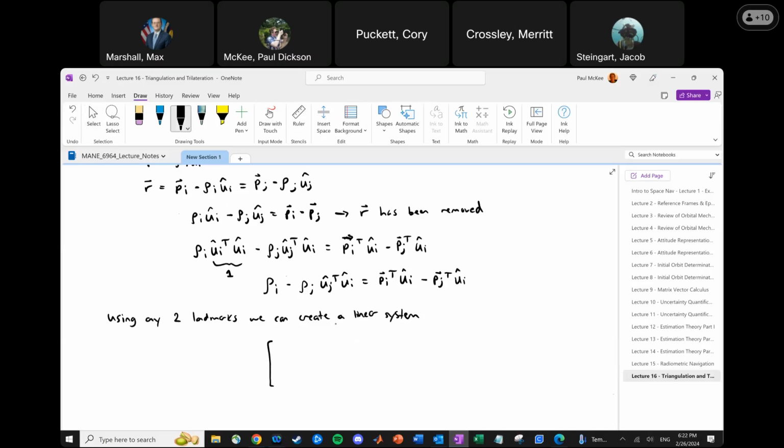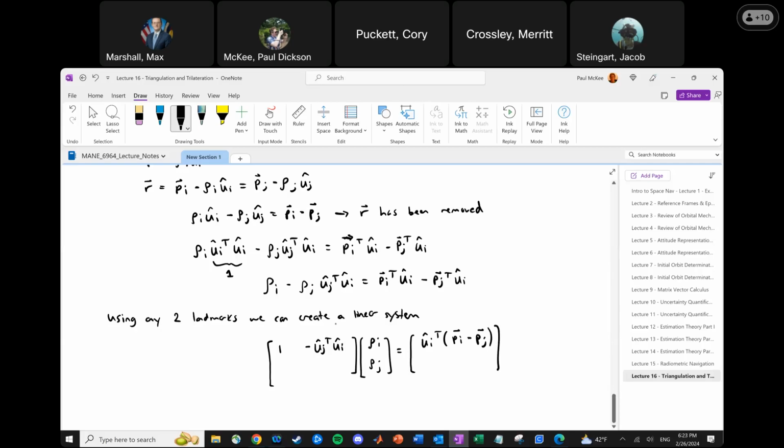Might be obvious, the top line is just this equation, right? 1, negative u_j transpose u_i, times rho_i, rho_j, and then the right hand side of the equal sign is just going to be u_i transpose (p_i minus p_j).